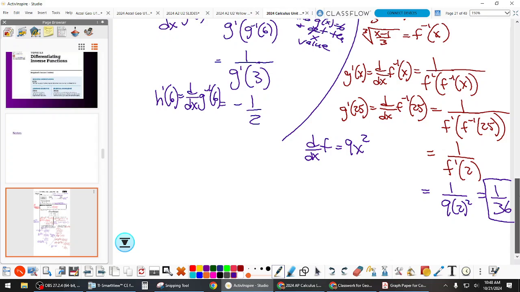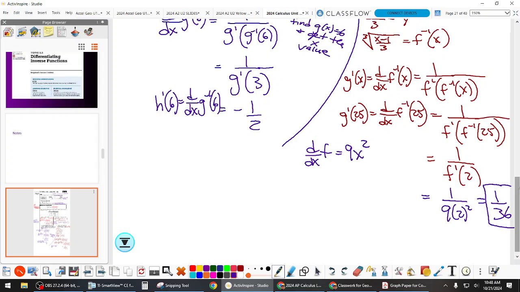Yeah. I agree. This would be like an FRQ where you would have to show your steps to getting the 1/36. I could also see them putting that as an in-context problem too, and using, kind of like we did, the slope to calculate some rate of change or something. Yep.